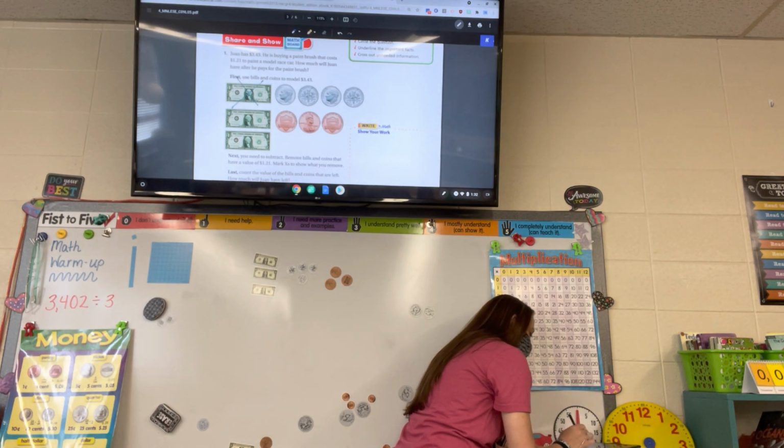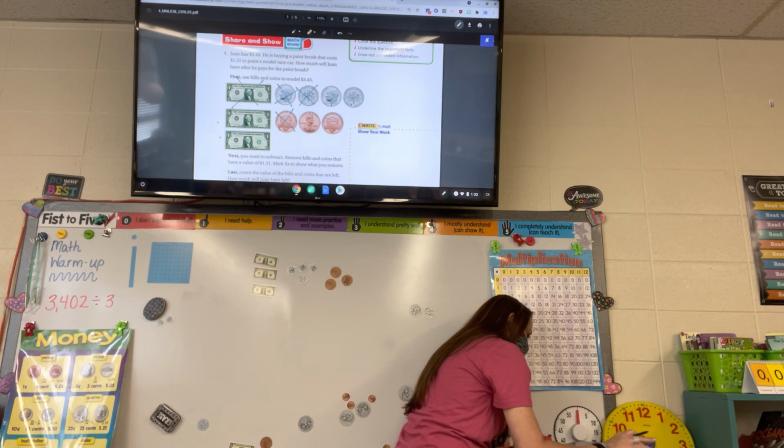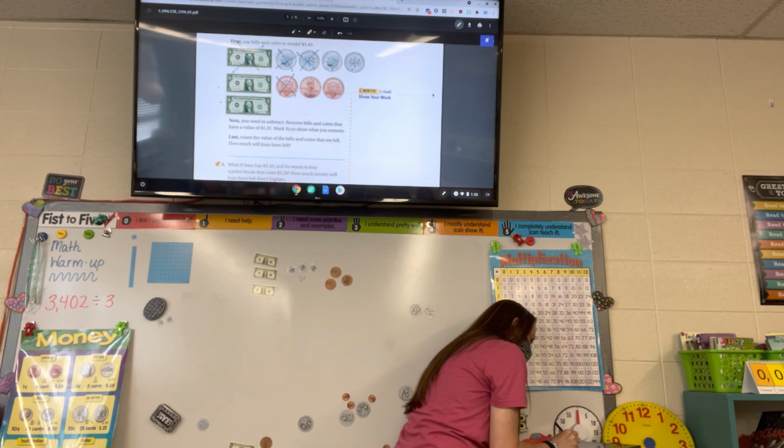How many dimes should I cross out? 2. How many pennies? 1. Easy. How much does he have left over? $2.22. There you go. So, how much does he have left? $2.22.